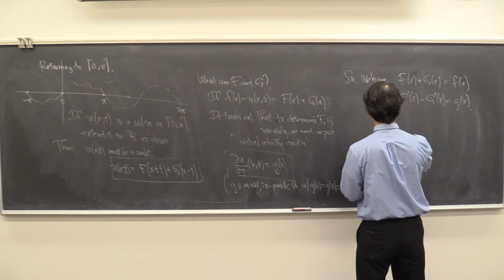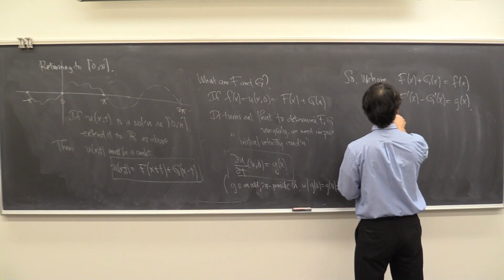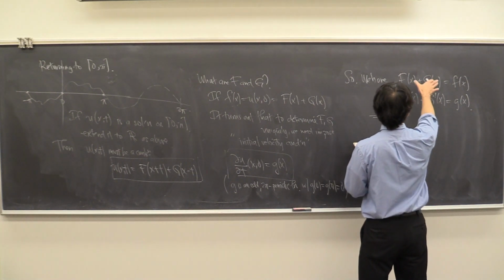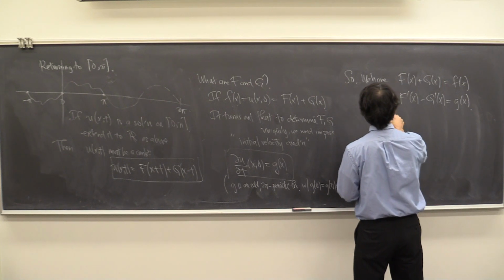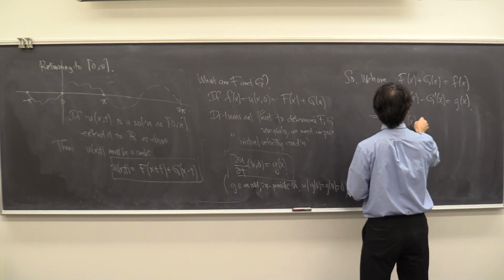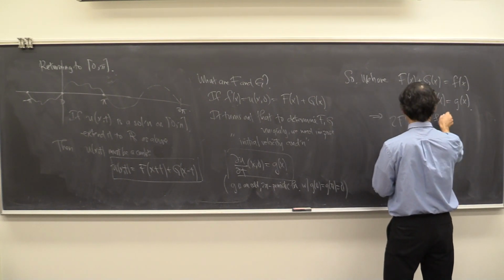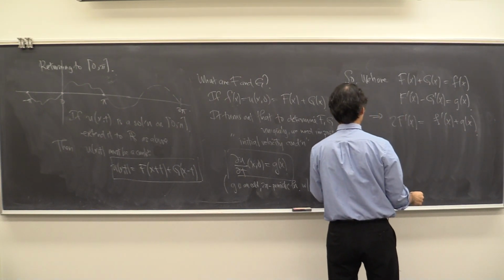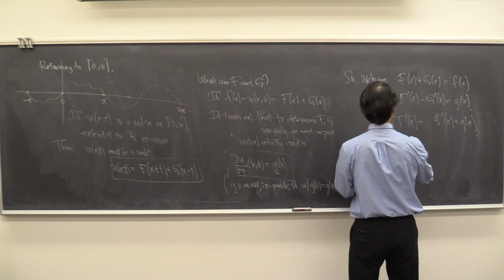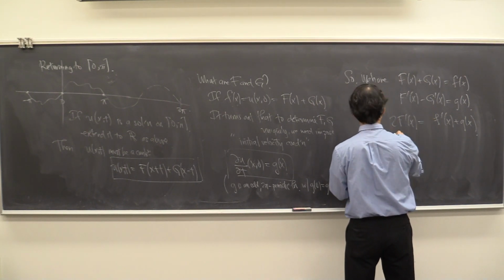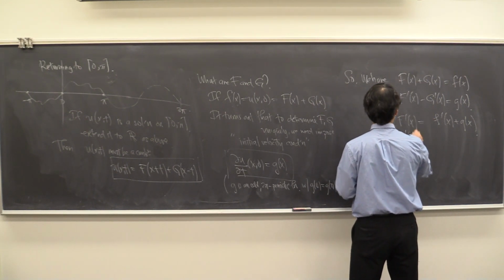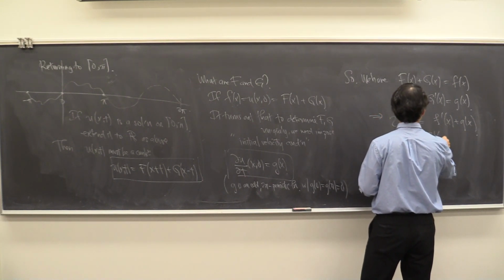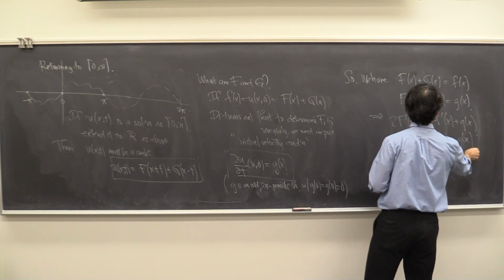Those two together give you that. If we differentiate the first one and add it to the second one, we get 2F prime x equals f prime x plus g of x. If we differentiate the first one and subtract the second one, we get 2G prime x equals f prime x minus g of x.